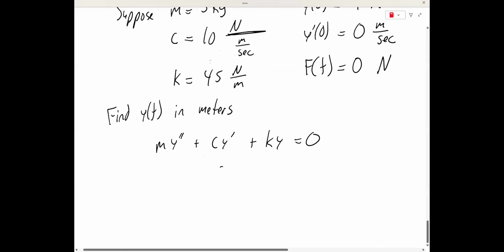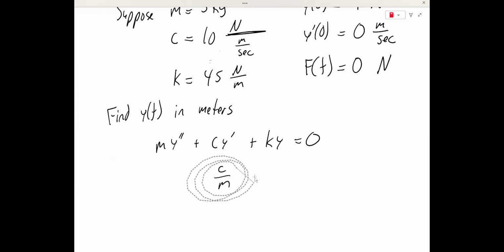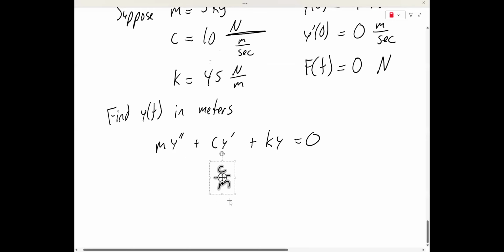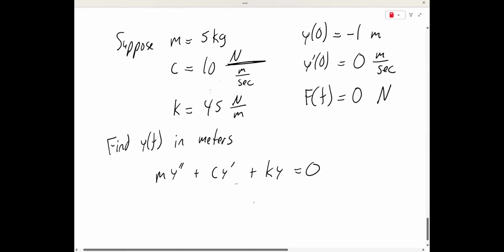But as soon as I put the c there, now I end up with a c over m. I'd have to know this ratio somehow, which means I'd have to know the c and the m, so I'd need more information. You can't get away with it as soon as you have a non-zero c. But this time I gave you all the information.